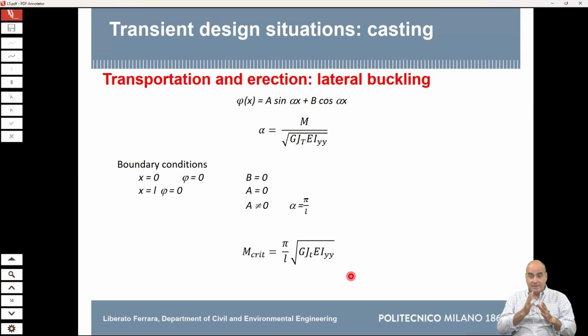As a matter of fact, a C30 concrete has a modulus of elasticity of about 30,000 megapascal. But if you go for a C100 concrete, you have more than triple the strength, but the modulus of elasticity is 42, 45. So your modulus of elasticity is just 50% higher.